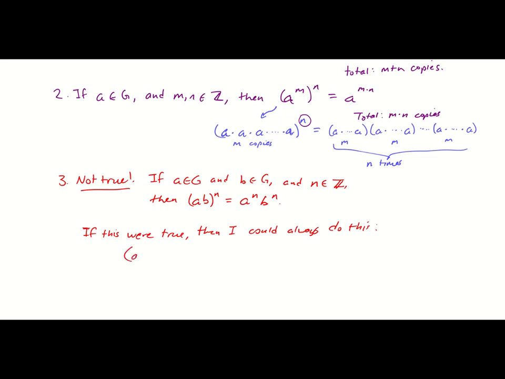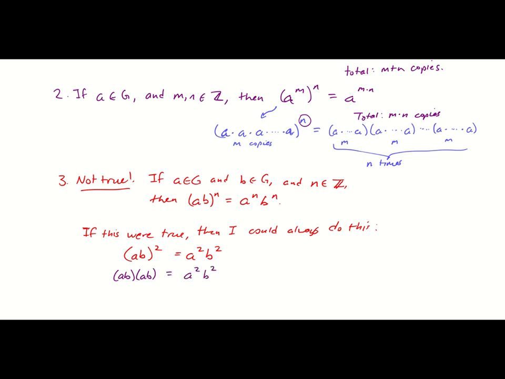I could say that a times b squared is equal to a squared b squared. And then that would mean that if I interpret the product on the left literally, meaning I'm taking the group element ab and multiplying it twice, that's equal to a squared times b squared.